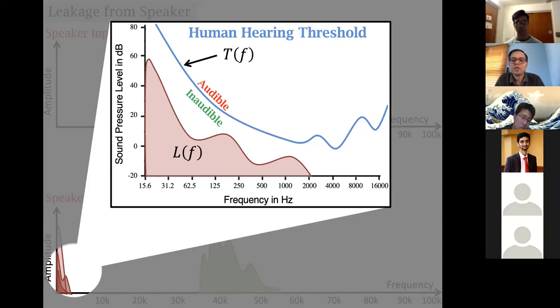So if you want to make the output of the speakers inaudible, what do you need to do? You need to make the leakage signal below the audible curve. Right? And you know the human audible curve because that's pretty much global. So you need to shape the LF. LF is the leakage frequencies. You need to shape LF.